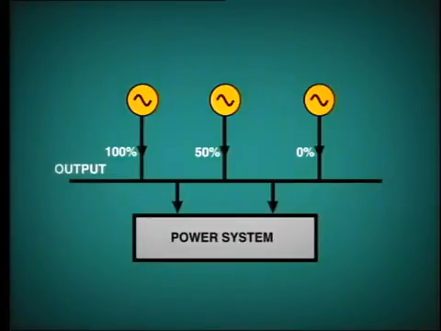Doesn't this mean that the unit with the greatest load is running faster? Well, beware of this trick question. Of course, it cannot run faster because, as we just said, the units are all synchronized together. So how does it then put out more load? Well, the answer is in the load angle, or power angle.